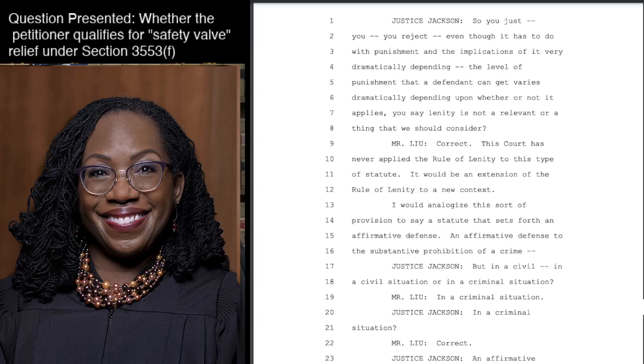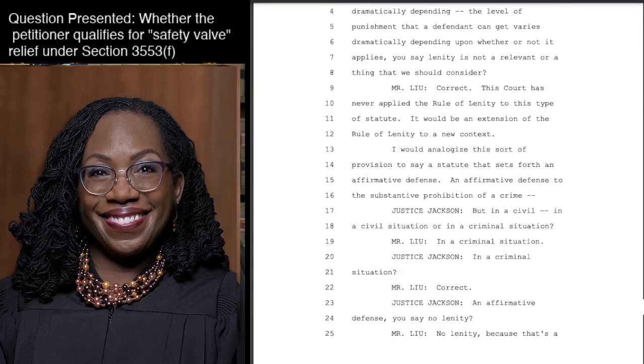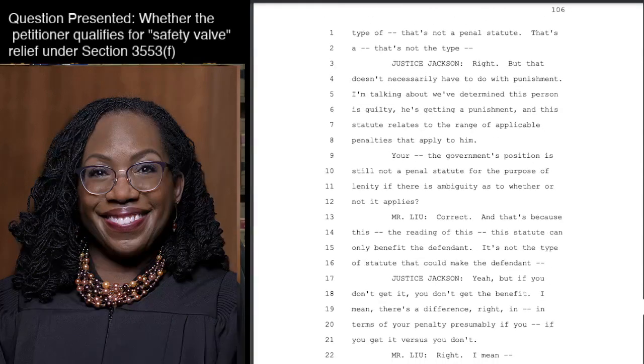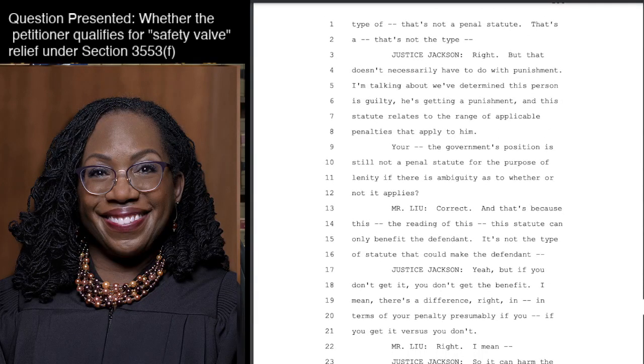It would be an extension of the rule of lenity to a new context. I would analogize this sort of provision to, say, a statute that sets forth an affirmative defense to the substantive prohibition of a crime. But in a civil situation or in a criminal situation? In a criminal situation. Correct. And affirmative defense, you say no lenity. No lenity, because that's not a penal statute.